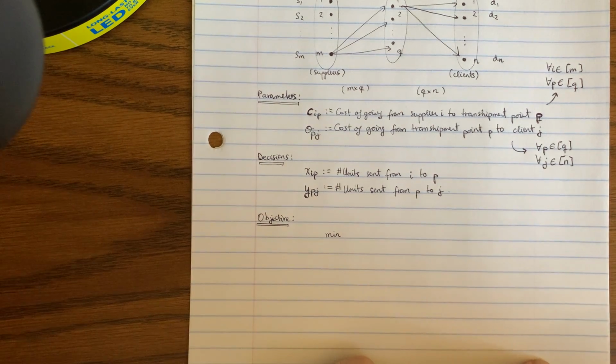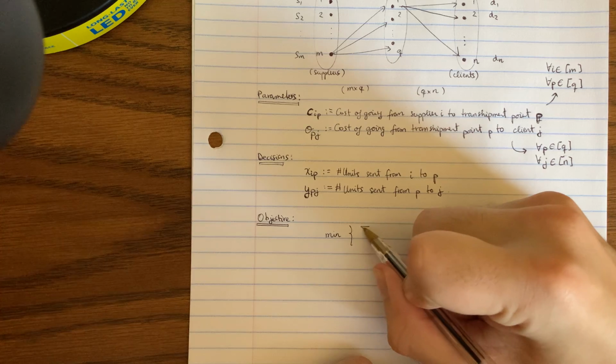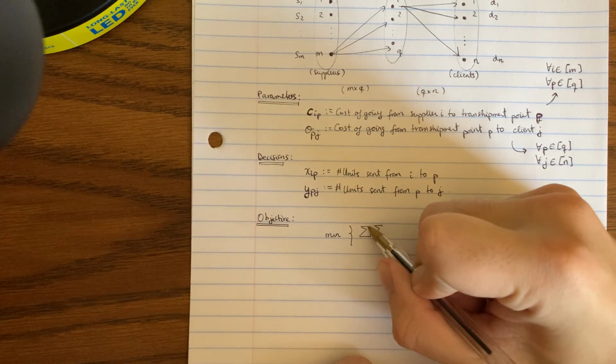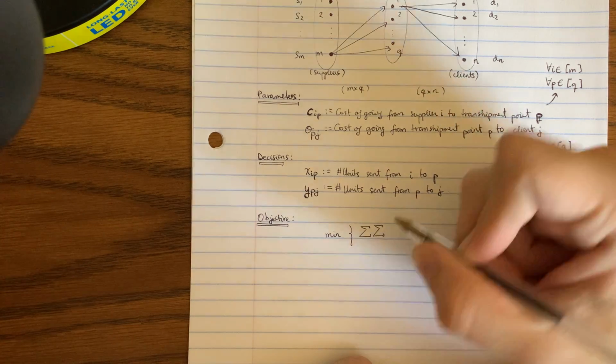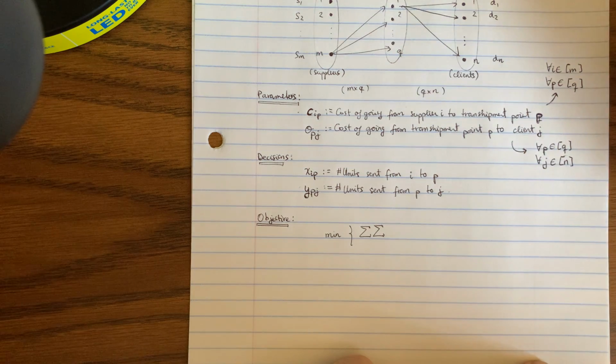We have a minimization problem, of course, and then what we're going to do is two different summations. I know this might seem a little confusing, and I apologize for introducing two sets of variables, but I think it's technically more correct.